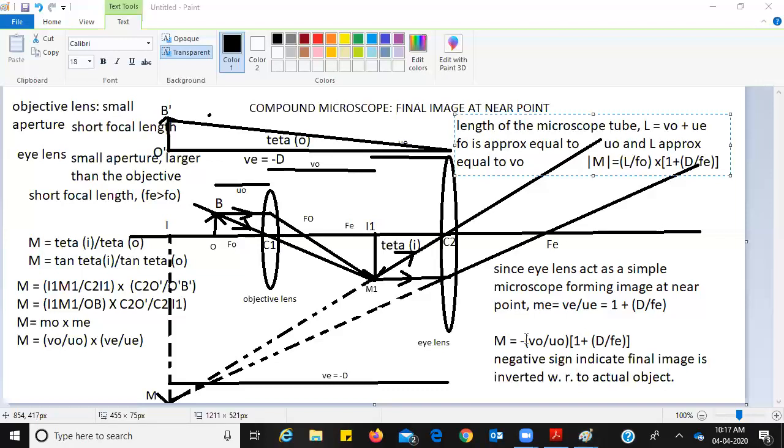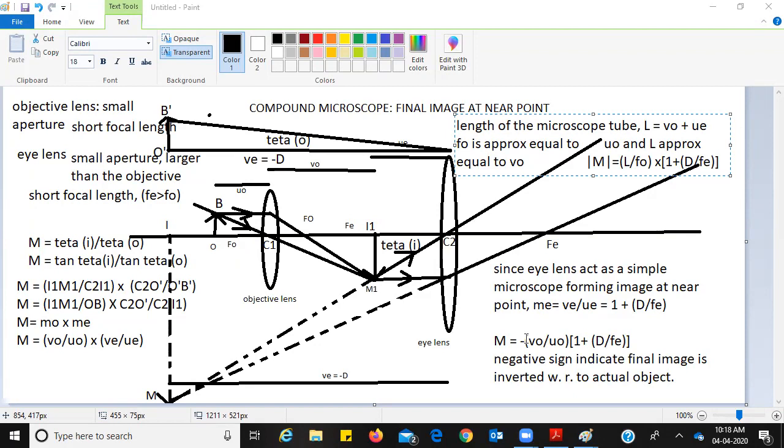We have to prove that first once more. If the lenses were in contact, you could use it directly because we already proved that for two lenses placed in contact.